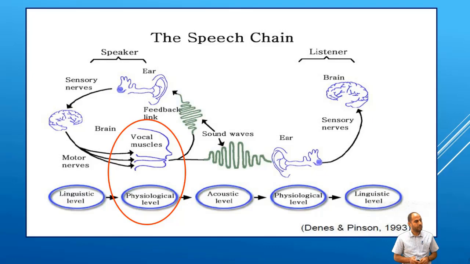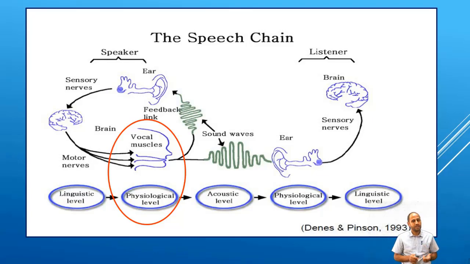On the linguistic level, we have sensory nerves and motor nerves. We have the brain, or before this we have the speech initiation, represented by the use of the vocal muscles, represented by the vocal cords, which is referred to as the physiological level.